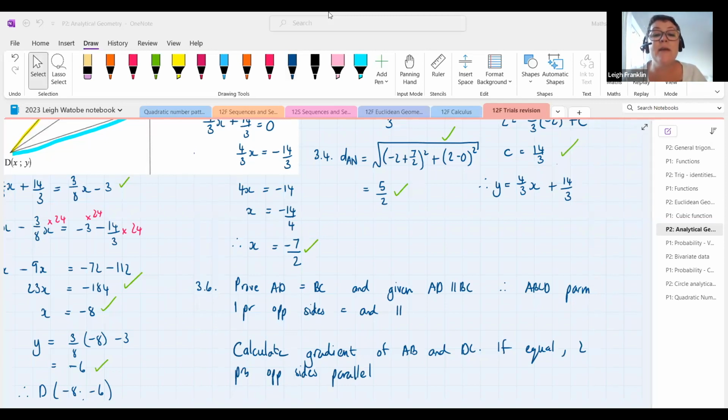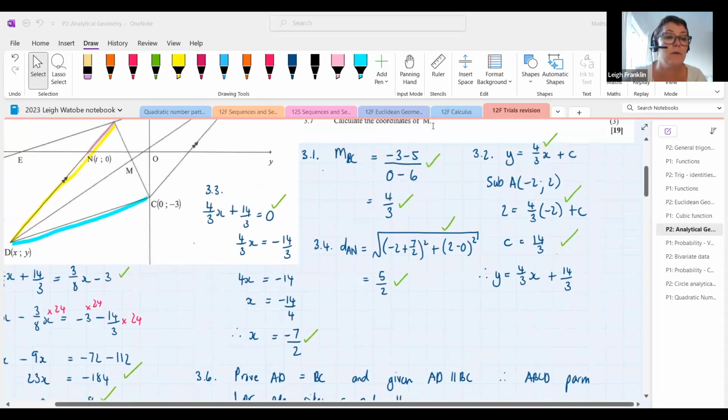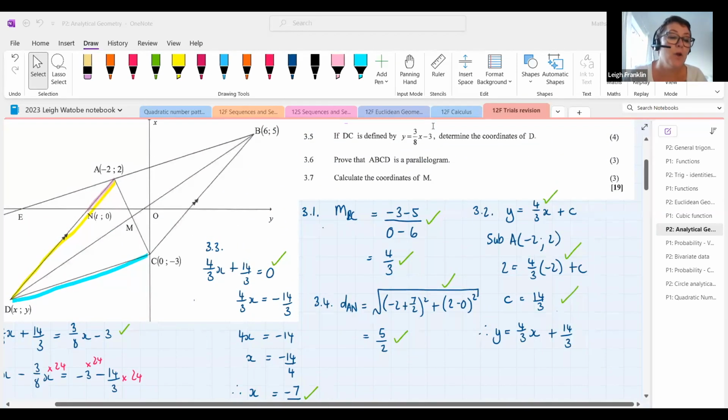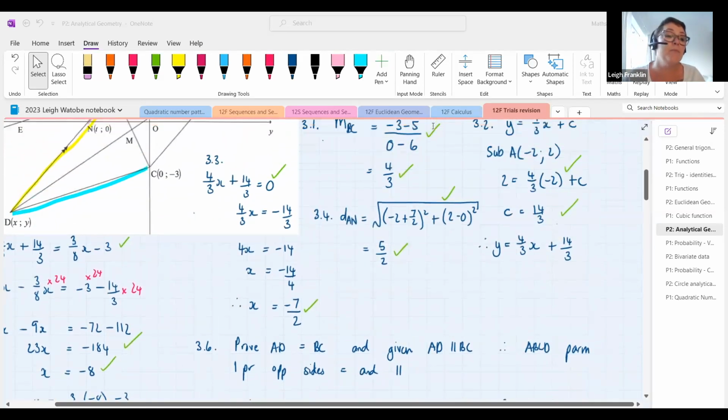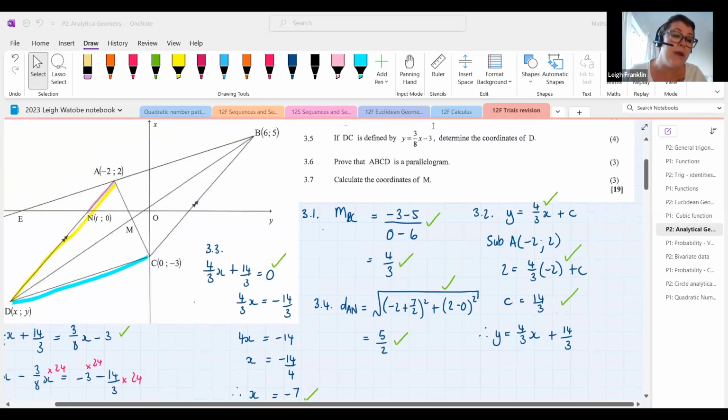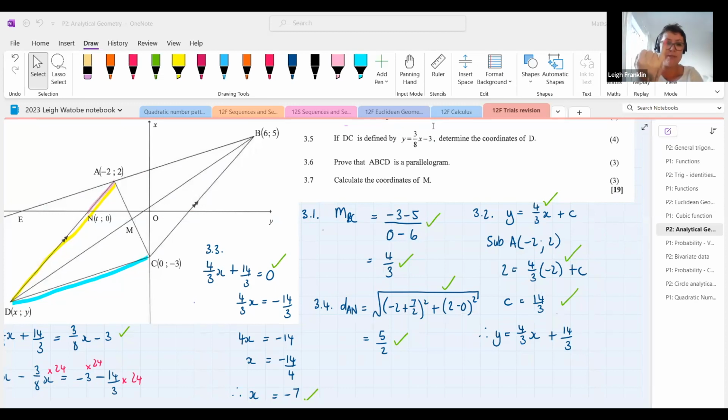Oh, did I make a mistake, Nhlanhla? AB equal to DC. Okay, proving that AB equals DC with the information that we've got wouldn't really help us. Remember, when you want to prove something as a parallelogram, there's 5 ways that you can do it. It's either one pair of opposite sides equal and parallel, two pairs of opposite sides parallel to one another, that the diagonals bisect, the opposite angles are equal.